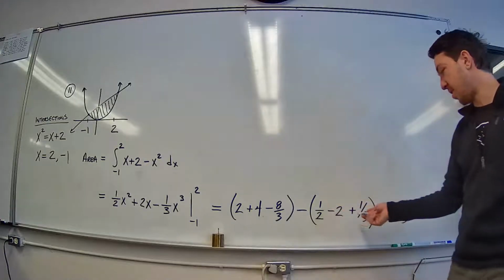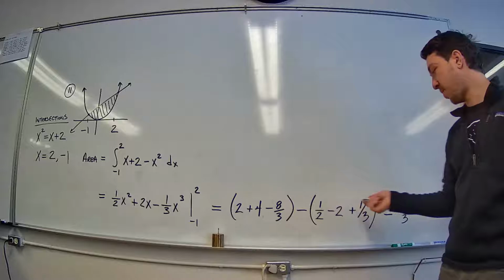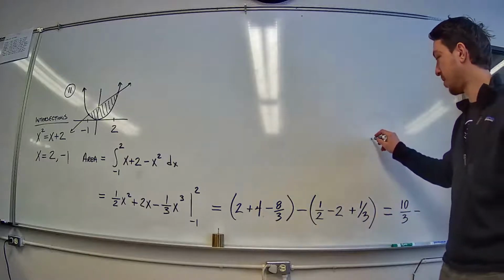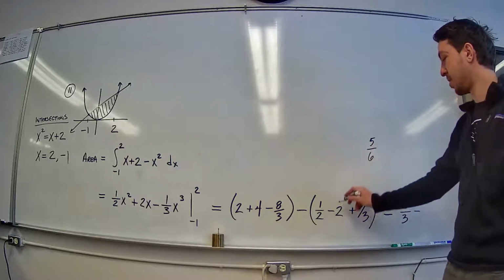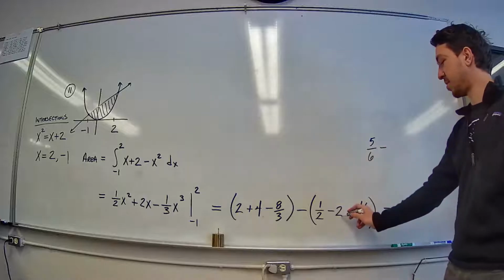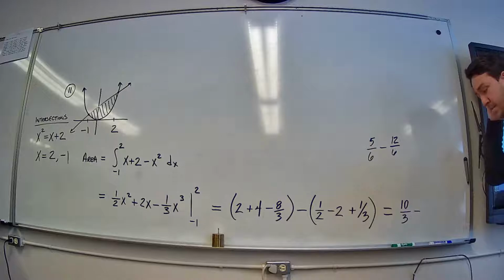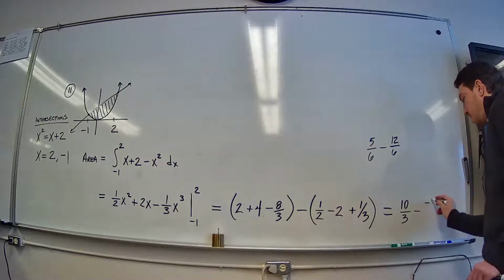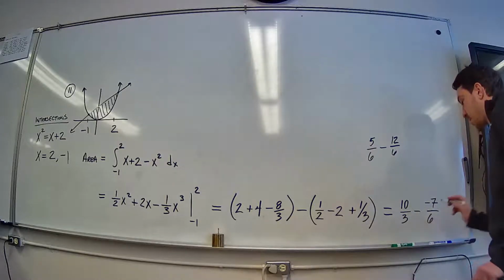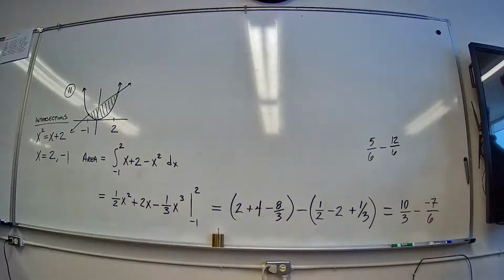I've got 1/2 plus 1/3 is 5/6, minus 2, which is 12/6. So what do I have there? -7/6. Make sense?